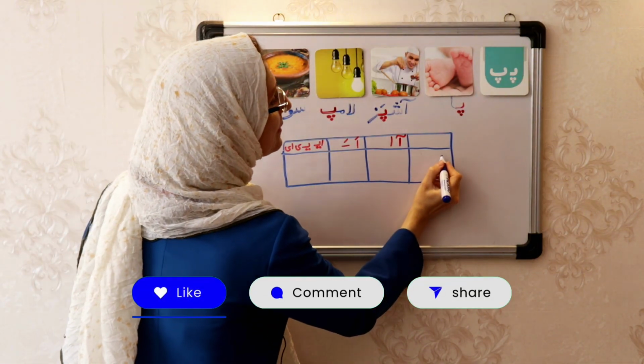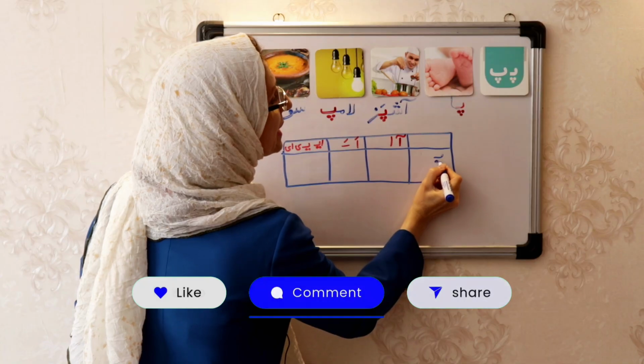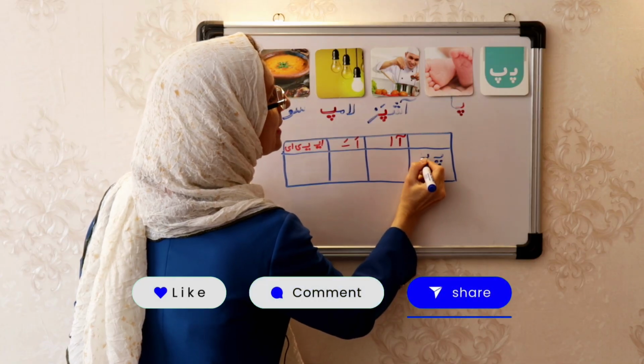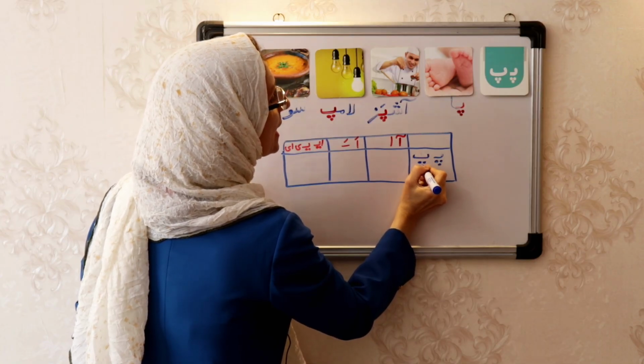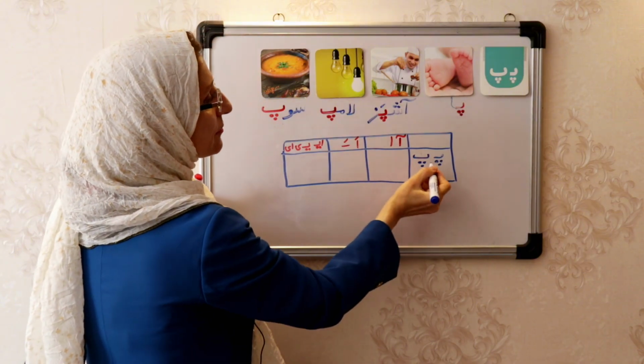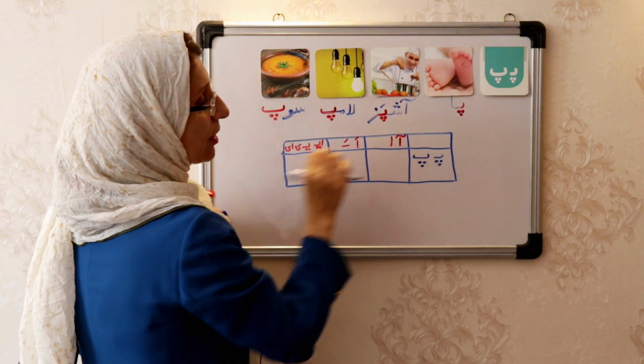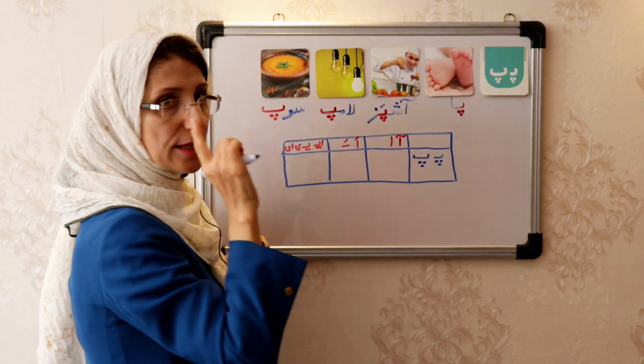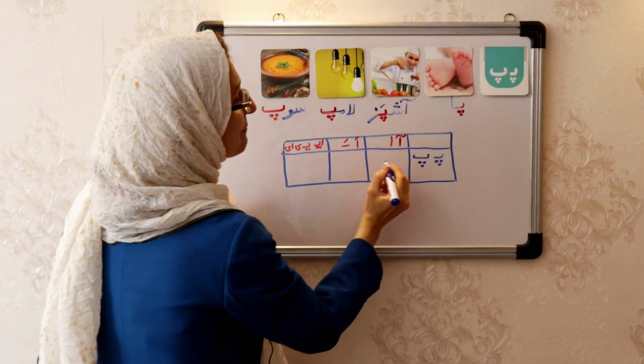Here we have P اول, P آخر. We connect P only with this A because this A is A at the beginning, A اول.